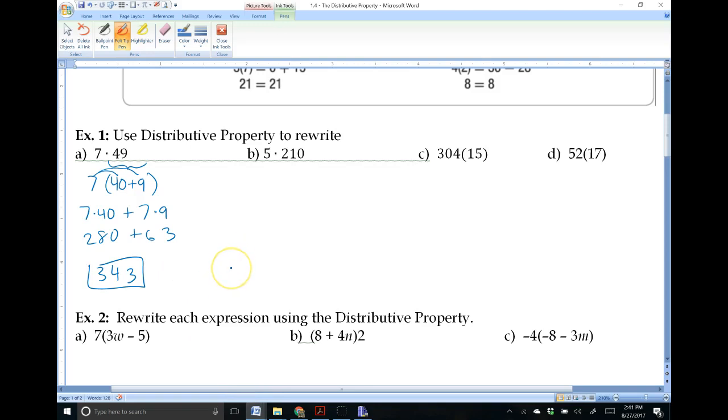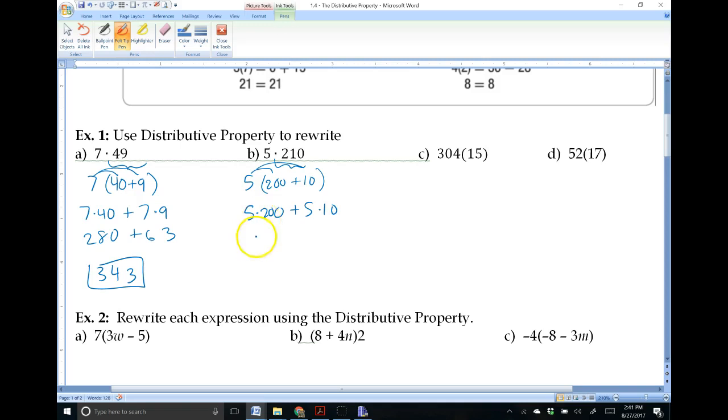All right, let's go ahead and do B. And then what I'll have you guys do is C and D. So for B here, we want to break up the bigger number, right? We want to break up 210. So I hope you guys are thinking a nice round number of 200 and also 10, right? So we go ahead and distribute this, showing every single step here. 5 times 200 plus 5 times 10.